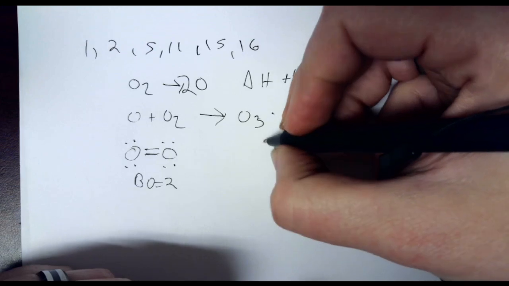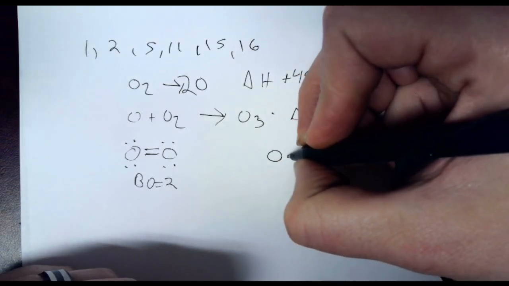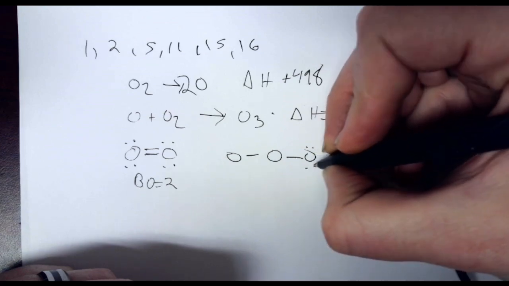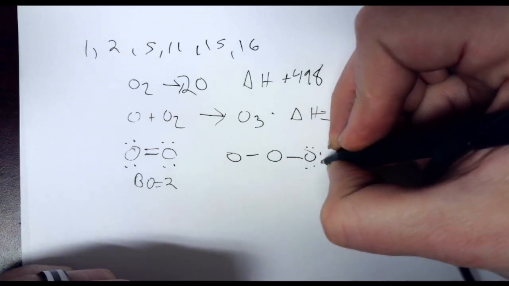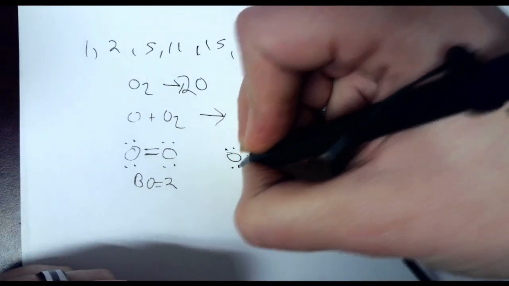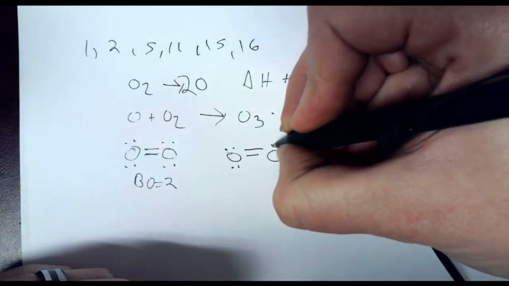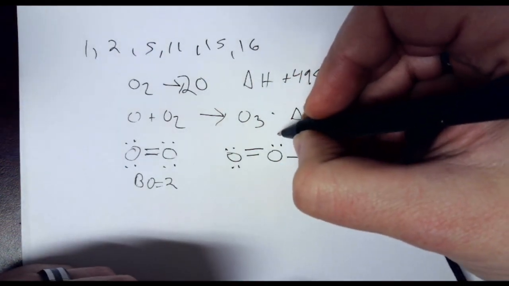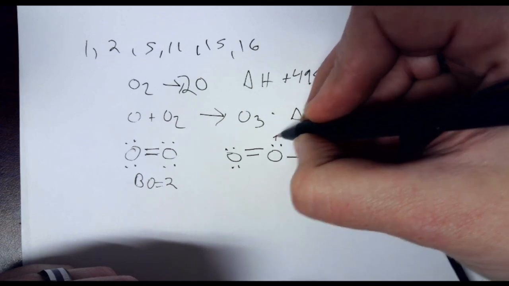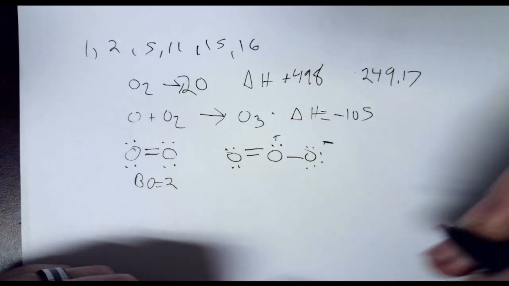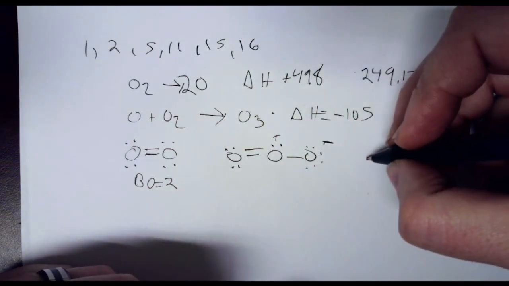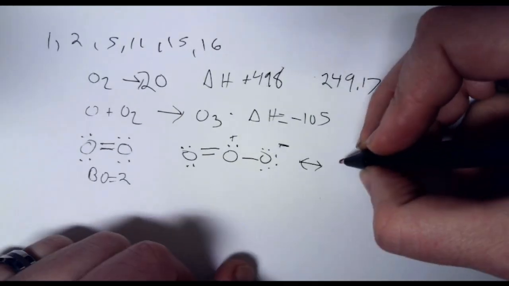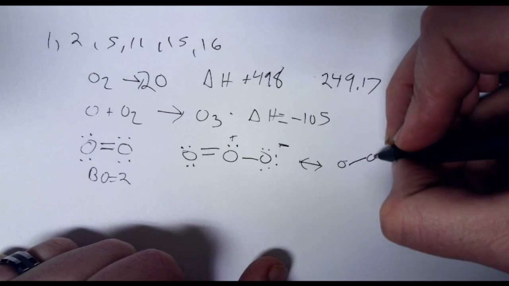If we're drawing ozone, we have a resonance structure, where this ends up having a positive and this ends up having a negative, and you resonate between the two. So resonance structure is a stabilization effect.